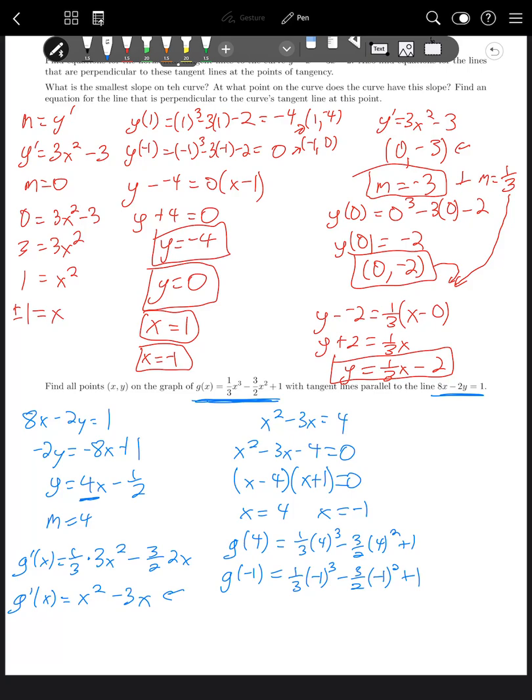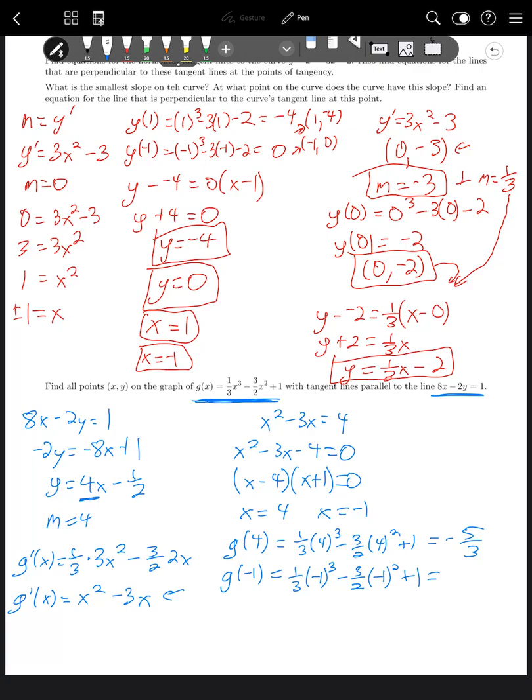So 1/3 times 64 minus 3 divided by 2 times 16 plus 1 as a fraction is negative 5/3. And we do the same thing for the other one.